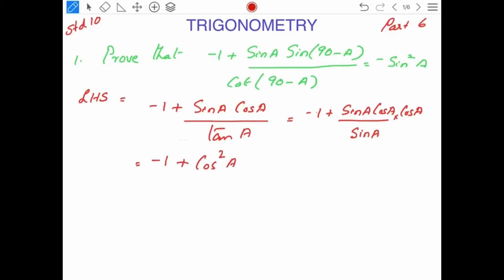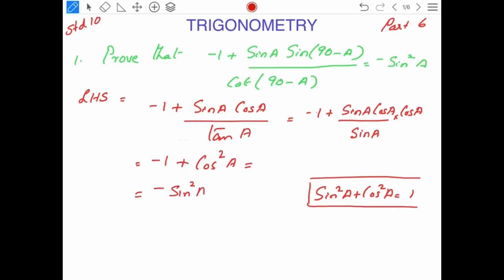So minus 1 plus cos squared a. We know sin squared a plus cos squared a is equal to 1. This is the identity that we are using here. So cos squared a minus 1 will become minus sin squared a, equal to RHS.